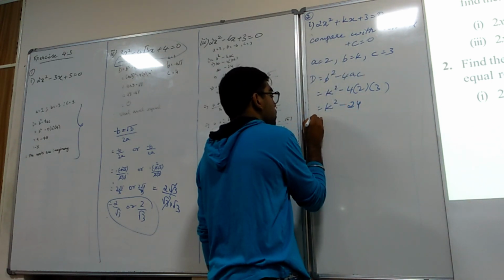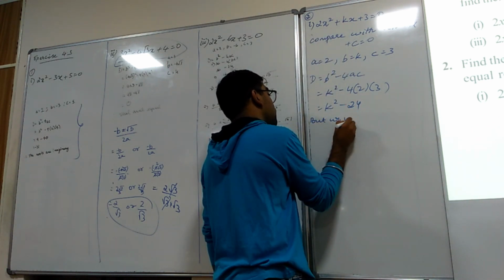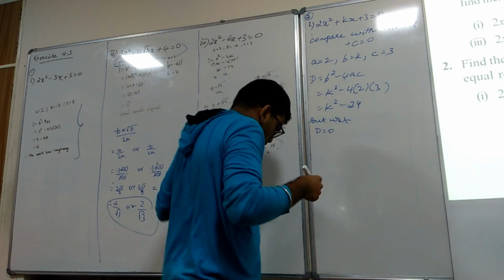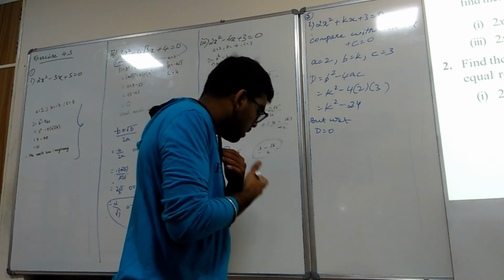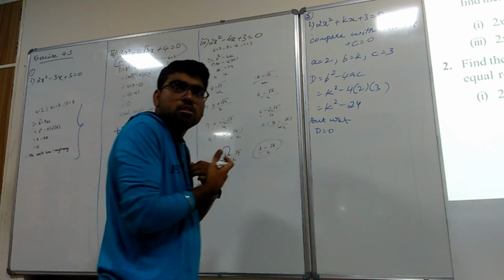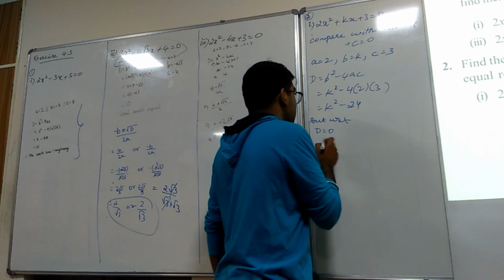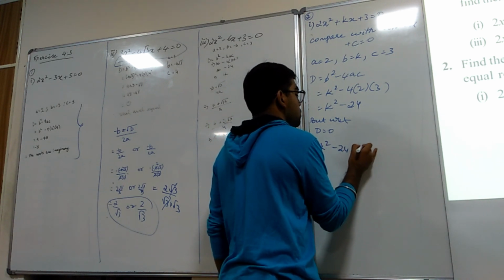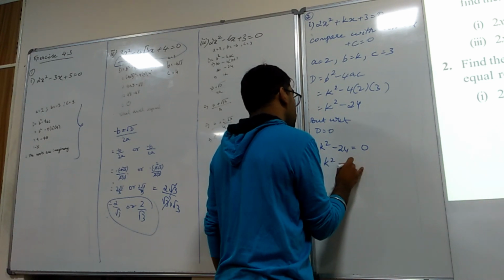But we know that D is equal to 0. It is given in the question. That means k square minus 24 equals to 0. k square is equal to 24.